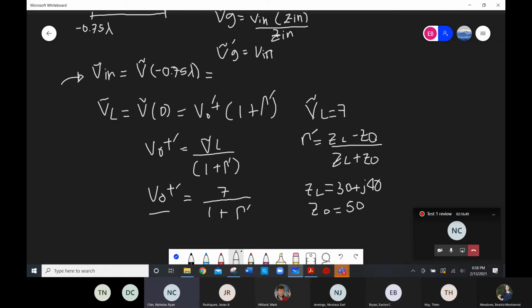You know the value for V naught plus? Right. So I ended up with 28 over 5 minus 14 over 5 i. Is that your V naught plus value? Is it not like a rectangular or polar?